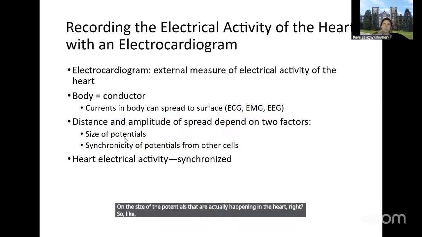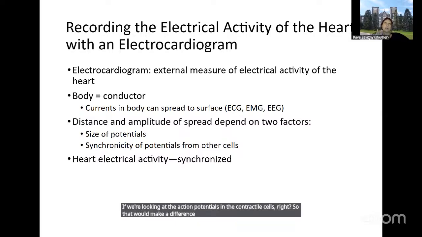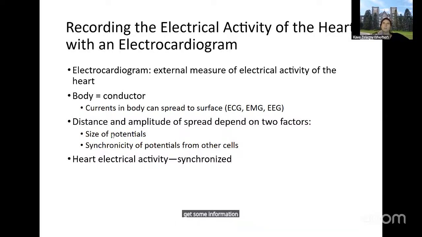So how big were the spikes if we're looking at the depolarization in the pacemaker cells? How big are the spikes if we're looking at the action potentials in the contractile cells, right? So that would make a difference. We can get some information about peaks, or we'd be using the fact that they have specific peaks.